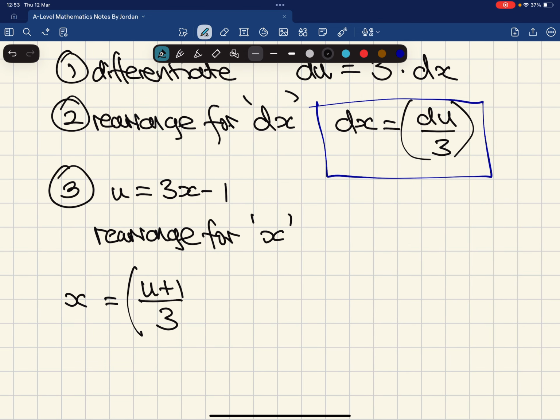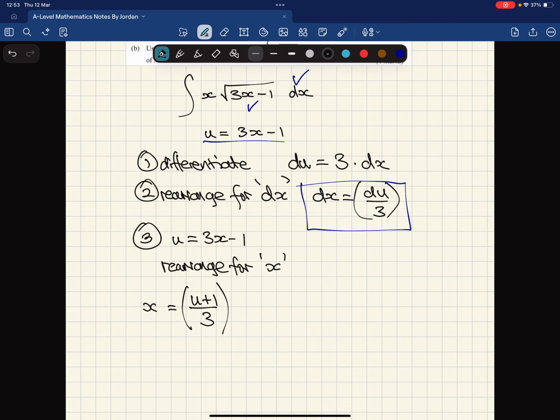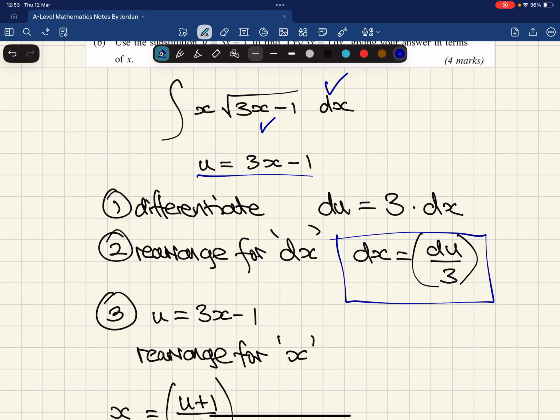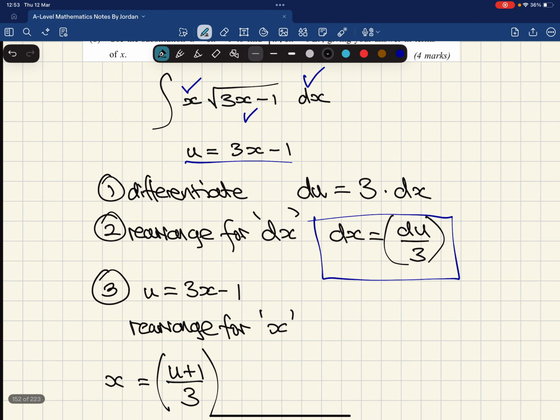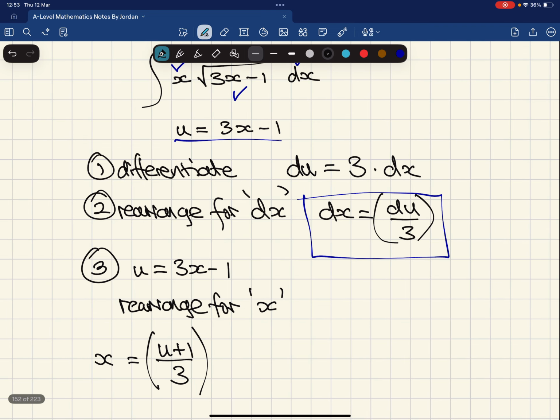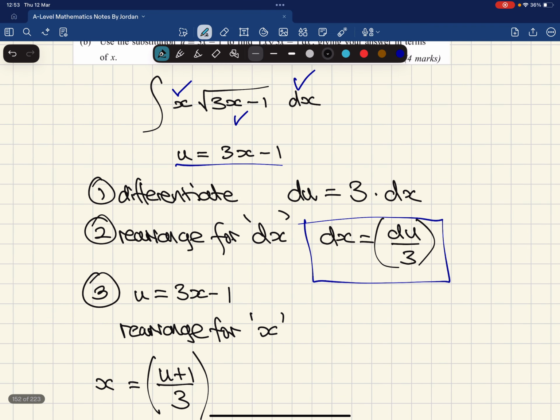And I like to make sure everything is ready. We have something for everything now. It's nice to do this ticking business, because then you can be quite happy you're ready to substitute. So do all of your bits first and then substitute. Don't start substituting one bit at a time. Do it all in one go. It will be better and you'll notice things will cancel.